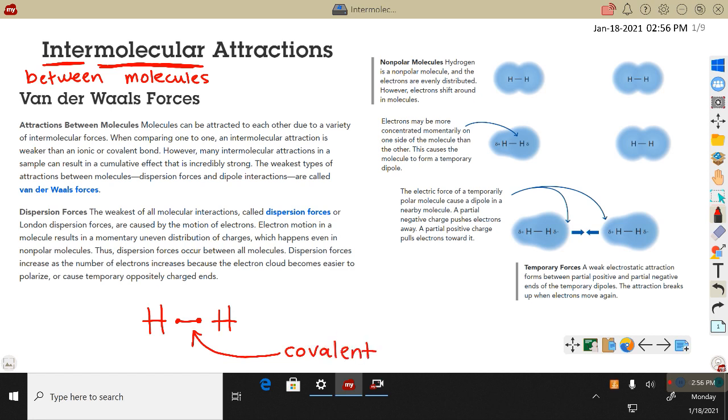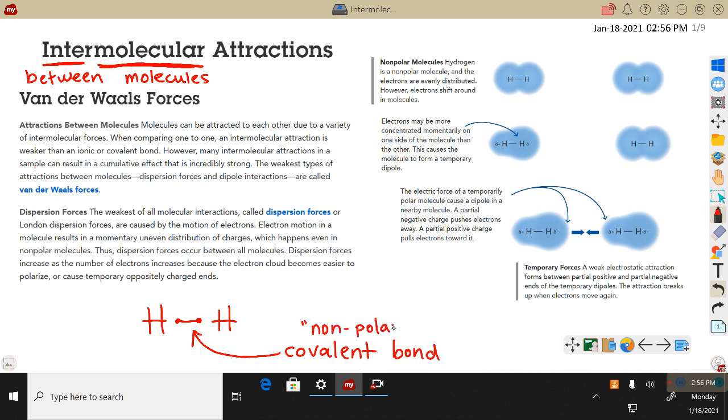We could even be more specific and say it's a non-polar covalent bond, because those electrons are going to be shared equally. It's just 2 of the same atom, so they have the same electronegativity, and they would share the electrons to the same extent.